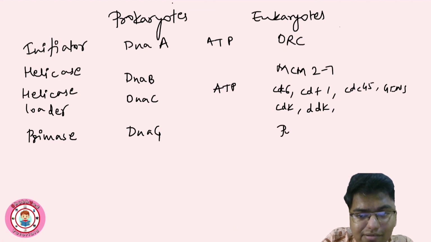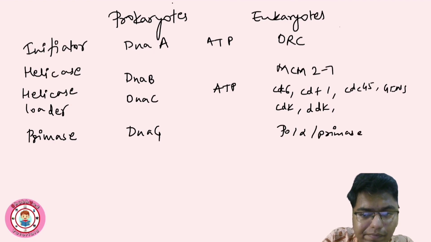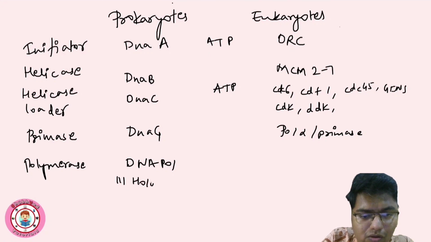Here the primase is polymerase alpha primase. Then the next polymerase: DNA polymerase 3 holoenzyme.